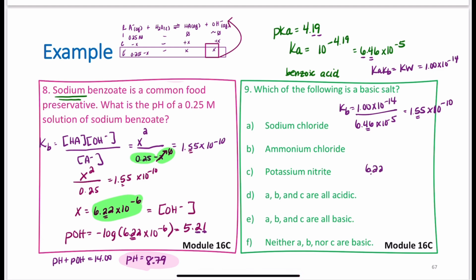So 6.22 times 10 to the minus 6 divided by 0.25, and multiply that by 100%, and let's see what that value is. 6.22 e to the negative 6 divided by 0.25 times 100 gives me 0.025%. Yeah, that's less than 5%. And it's probably a pretty good guess that it would be because our Ka value was so incredibly small.